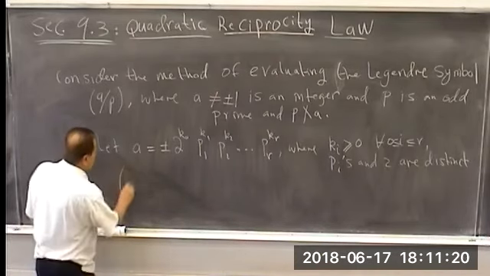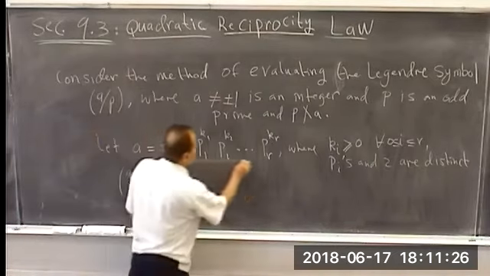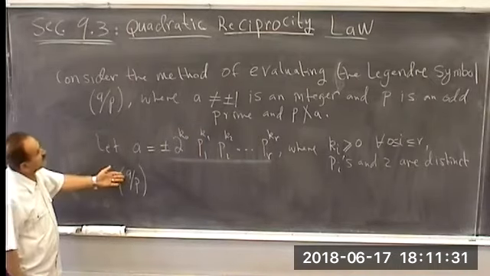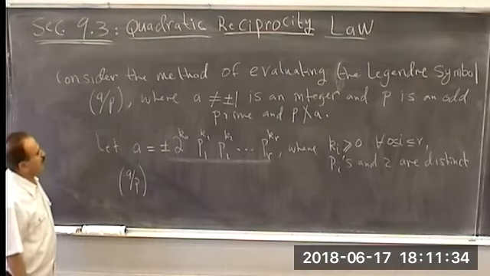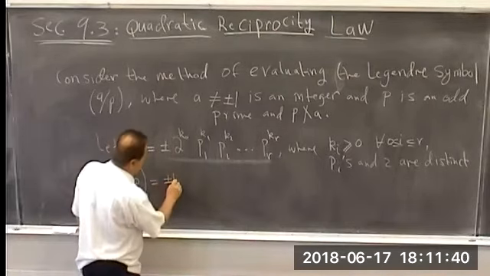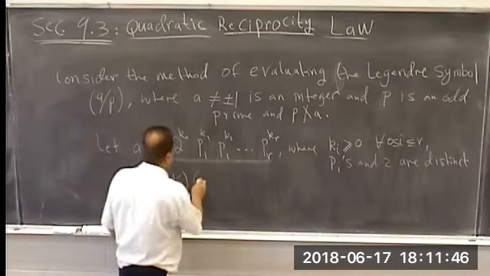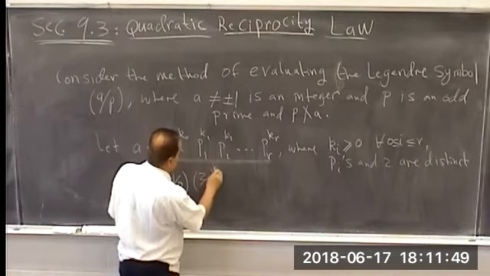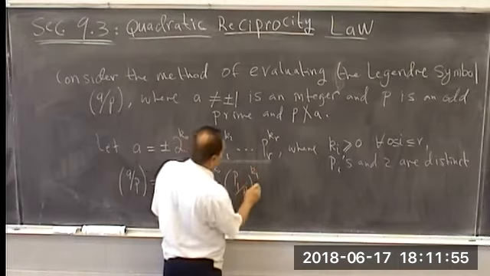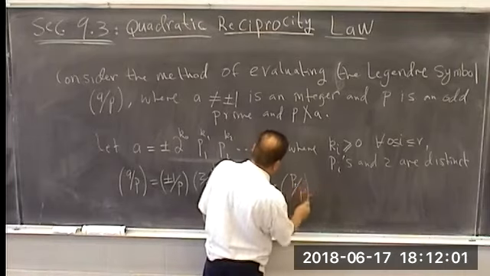Now to find (a over p), the Legendre symbol is actually completely multiplicative. So this one is going to be (plus or minus 1 over p), then we can take (2 over p) and raise it to the k sub 0, and (p1 over p) to the k1, and so on, up to (pr over p) to the kr.